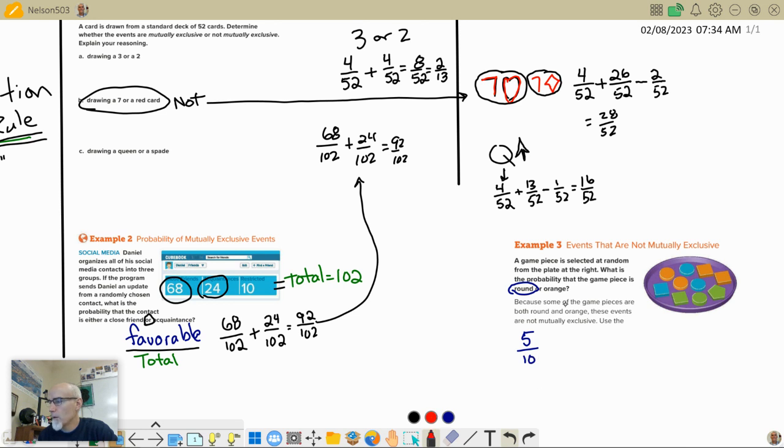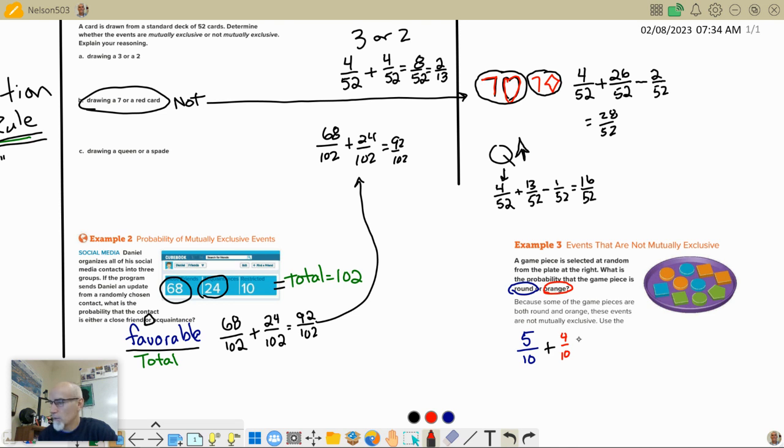All right. The next one is what's the chance that you draw an orange one? What's the probability that we draw an orange one? Well, how many orange ones are there? 1, 2, 3, 4. Okay, so I'm going to add to that 4 out of 10. Now, because it's not mutually exclusive, there are round ones that are orange. So both are occurring at the same time.